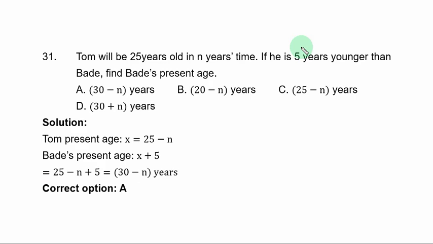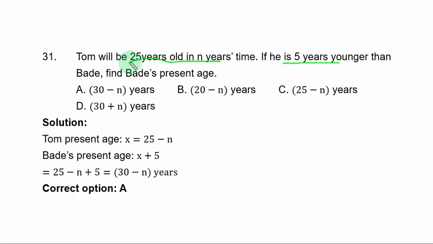Question 31. Tom will be 25 years old in n years' time. If he is 5 years younger than Bade, find Bade's present age. From the question, Tom will be 25 years old in n years' time in the future.